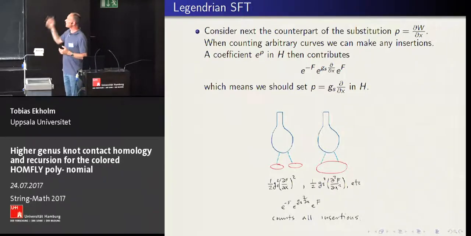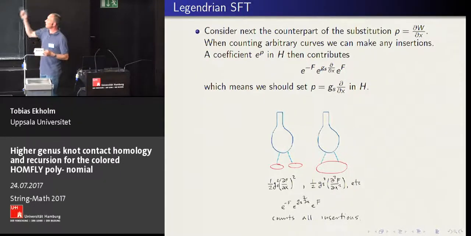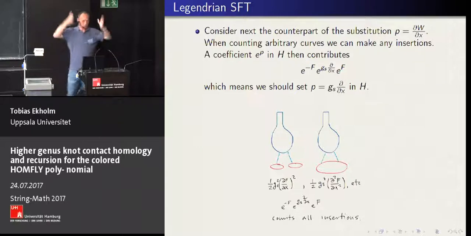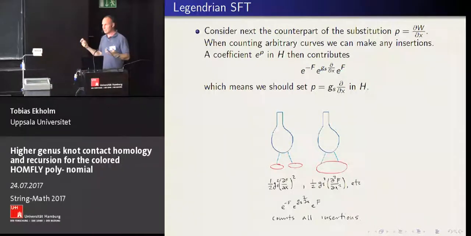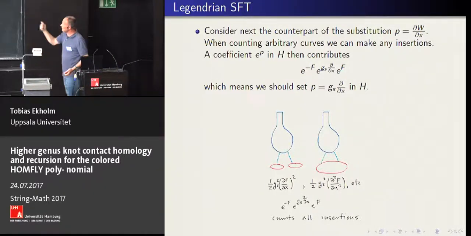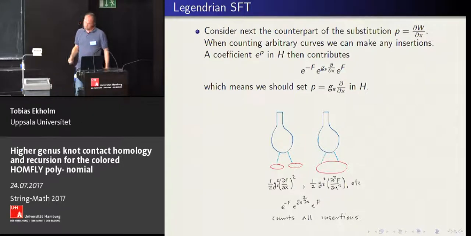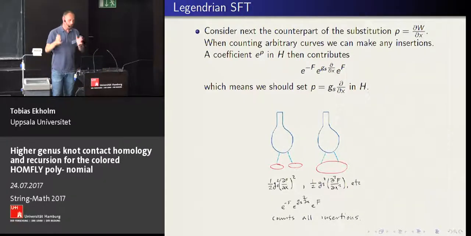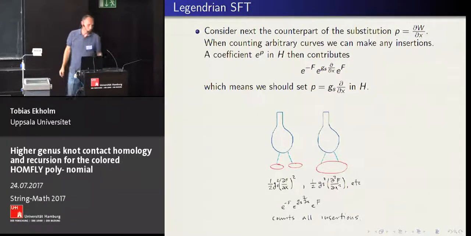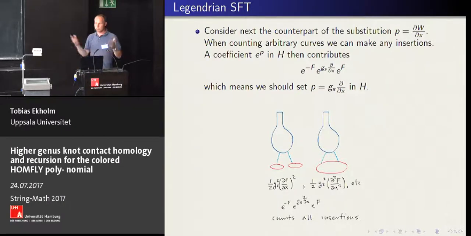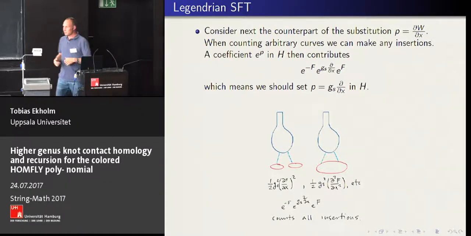So thinking a little bit more about that, we find that if you want to do this counting of all the insertions, then you should actually substitute the string coupling constant times d/dx for the operator p. And then the insertions would count all the right things. So this is in some sense some kind of enumerative interpretation of quantization or something like this.